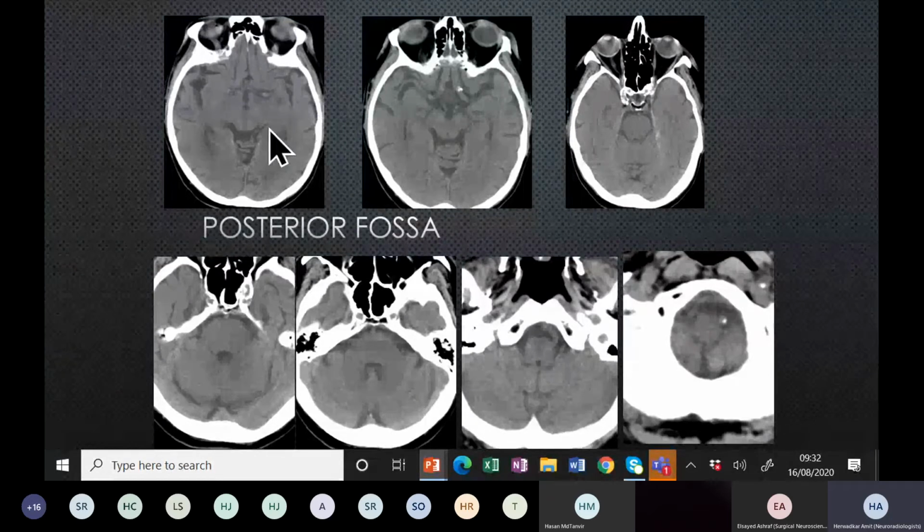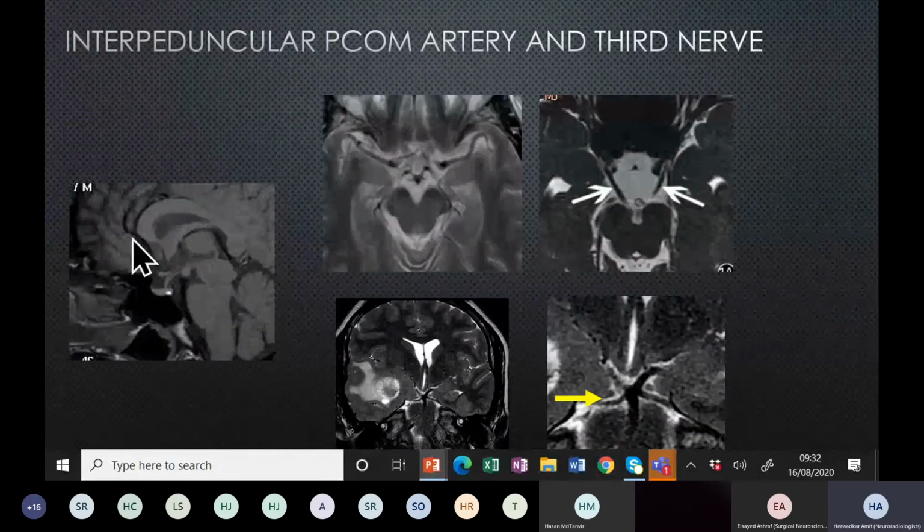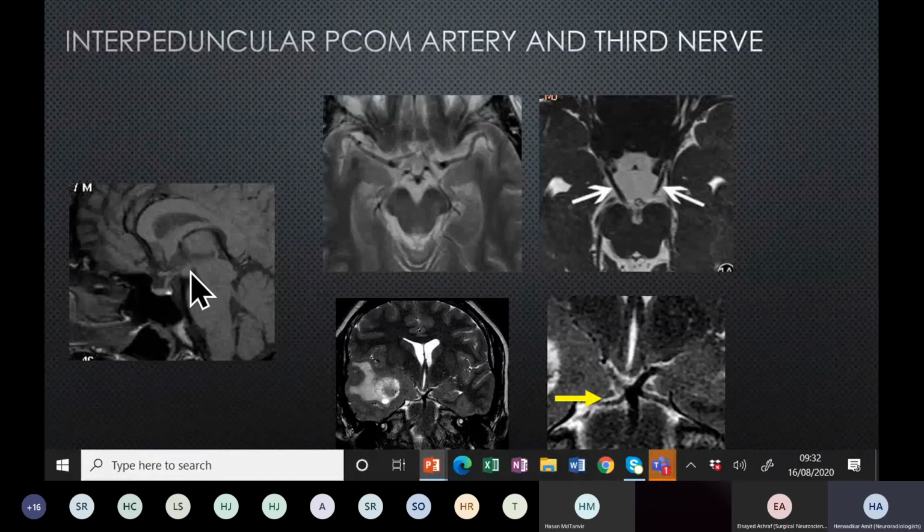Now let's look at these cisterns in turn and what they contain. As I said, the suprasellar cistern is above the sella over here. We looked at these structures within the suprasellar cistern. The one structure which I didn't mention earlier on, because it is just behind, almost within the confines of the posterior fossa or at the tentorial edge, is the mammillary body over here.